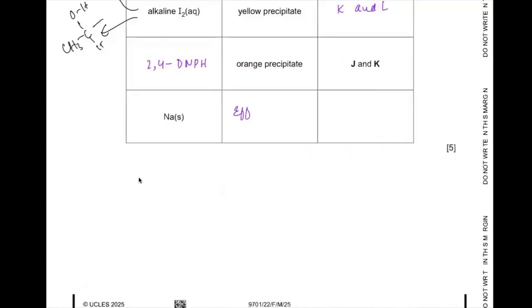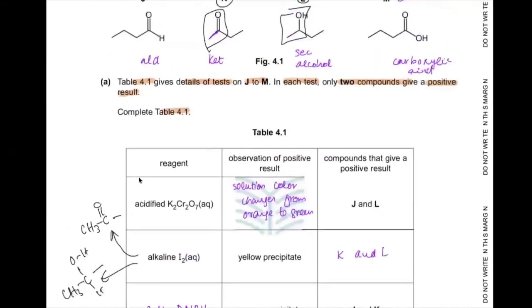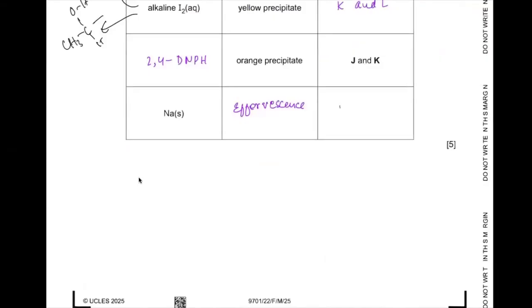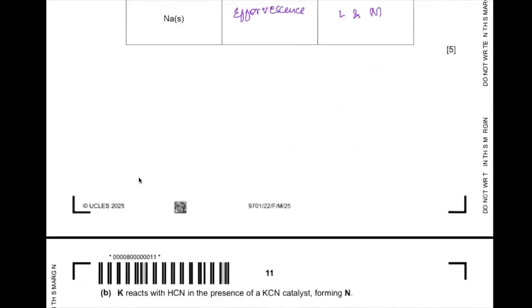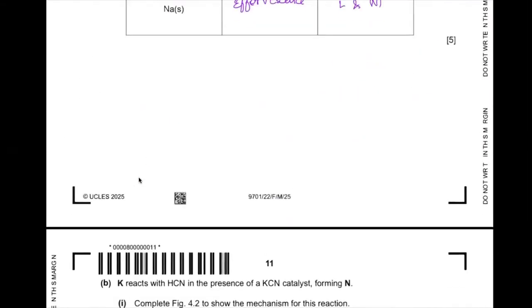Over here, hydrogen gas is formed, so we can write effervescence or bubbling. And they are L and M, because L also reacts with sodium and the M carboxylic acid also reacts with sodium. Till here, is this clear to all of you? Yes, sir. Okay.